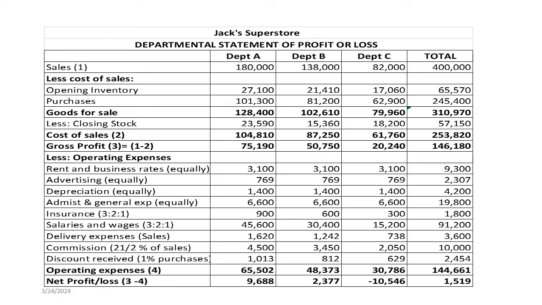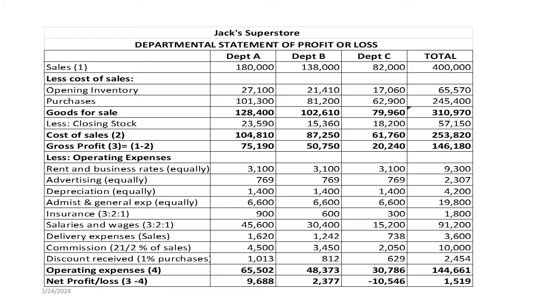Discount received is 1% of the purchases. So if you have a value for purchases for each department, we take 1%. So 1% of 101,300, you get 1,013.